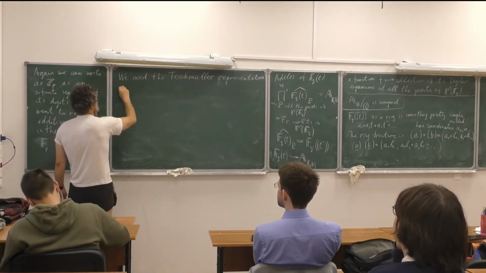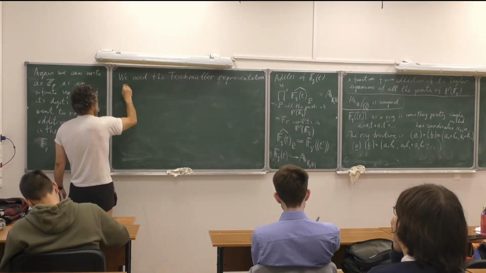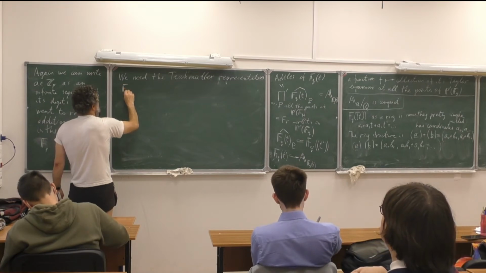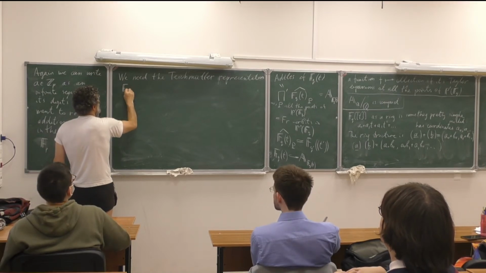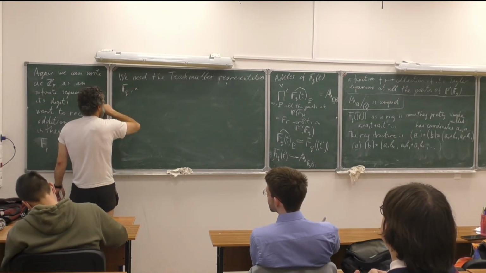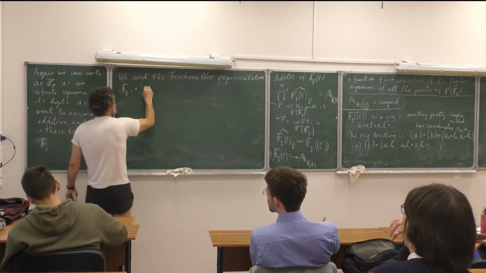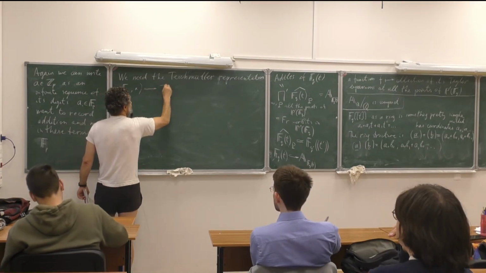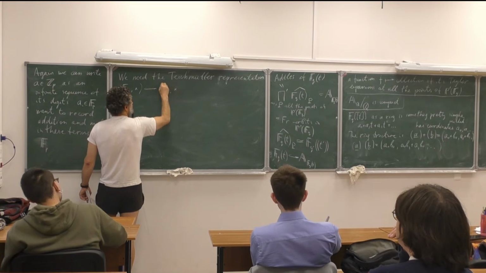Namely, we have F_q with multiplication. There's a section, so to say, into Z_p with multiplication.